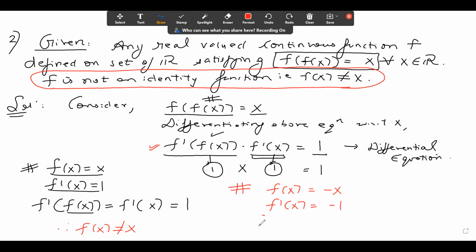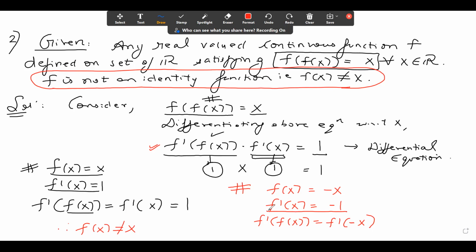And then what is f dash of f of x? Now, first of all, what is f of x, guys? f of x is minus x, right? And what is f dash? You can clearly see that f dash of x is minus 1.